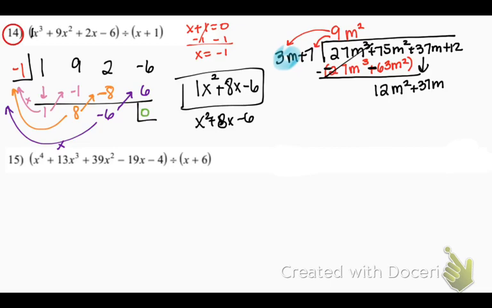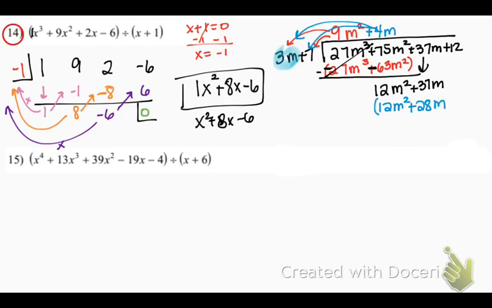And I'm going to repeat. So 3m times what is 12m squared? Okay, so 3 times 4 is 12, and m times m is m squared. So that means I have 12m squared plus 4 times 7 is 28m.